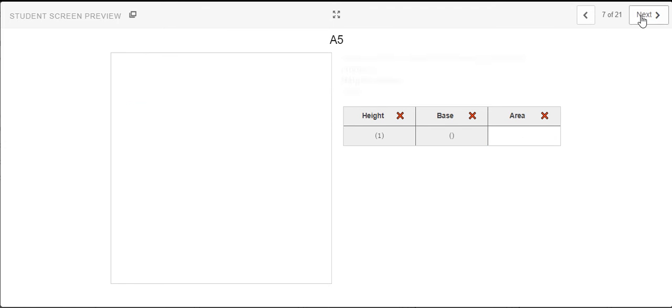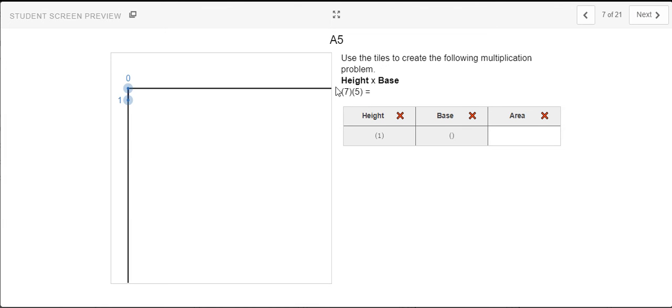Let's try the next one. I want a 7 by 5, so 5 along the base, height of 7, so 2, 3, 4, 5, 6, 7. I can multiply 7 times 5, or if I'm more comfortable with adding, a row of 5, 10, 15, 20, 25, 30, 35.